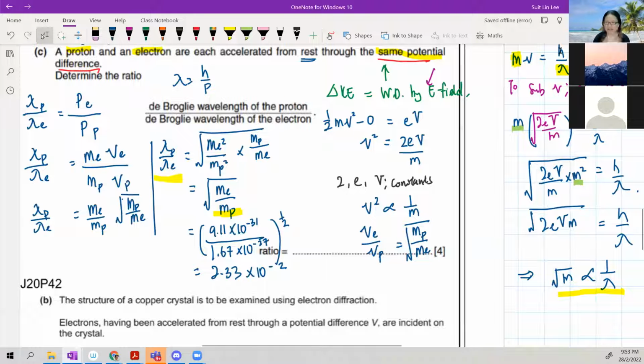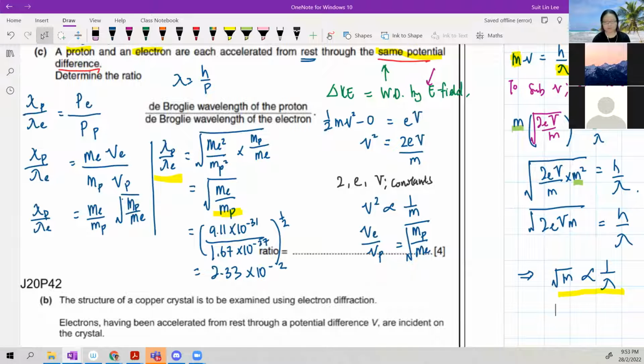H, I don't care. It's a Planck's constant. I divide, they'll go away. Doing ratio, I need to substitute V. And in the process, once I substituted V, I can nicely throw out all the constants, which is 2 EV and H, leaving root M proportional to 1 over lambda, or lambda proportional to 1 over root M. Then I can just solve using ratio.